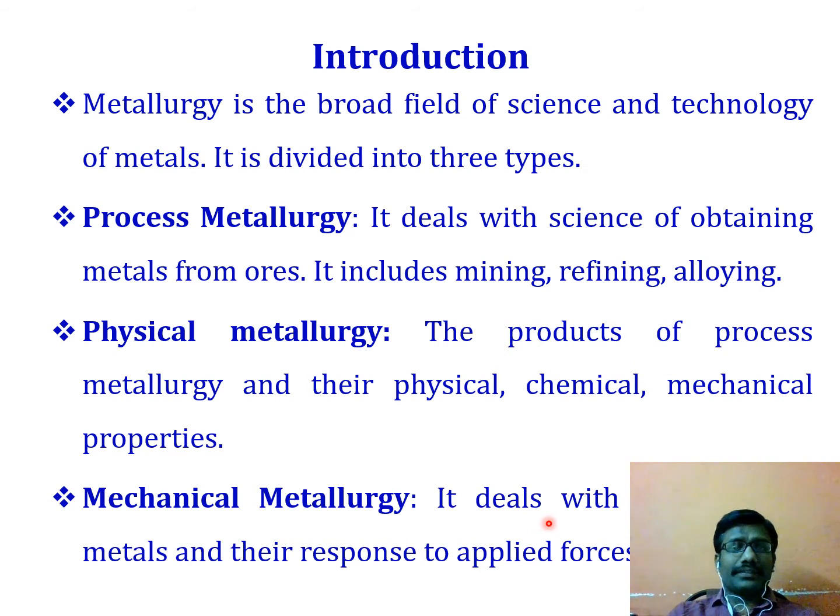And in mechanical metallurgy, we apply various forces on the materials and we see how the material is behaving and how it is responding. So this is called mechanical metallurgy. Here we can perform various tests like tensile test, compression test, impact test, hardness test, and we will find the properties of the materials.